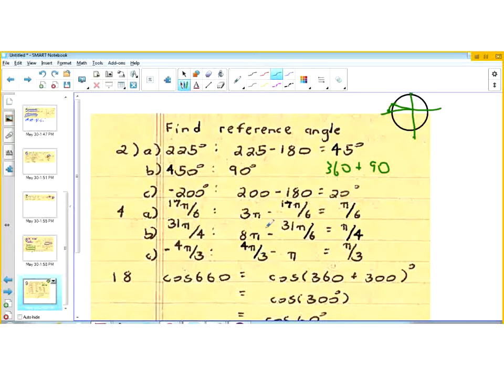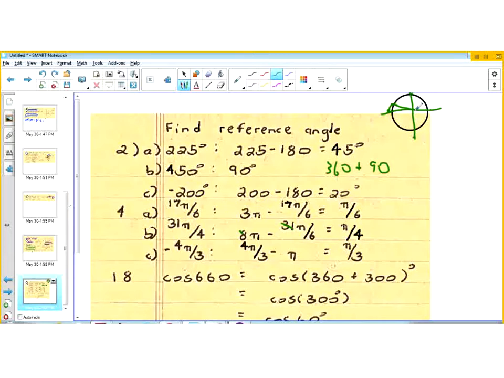So for 31 pi over 4, that would be 32 pi over 4, which is 8 pi, and so that would be 8 pi minus 31 pi over 4.